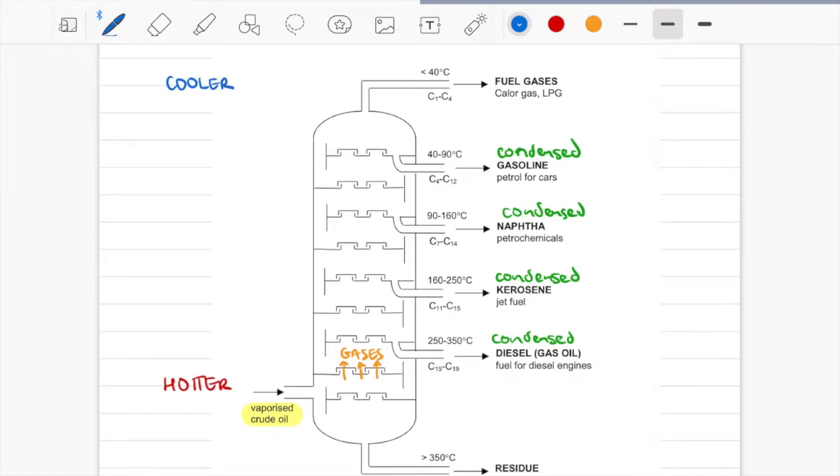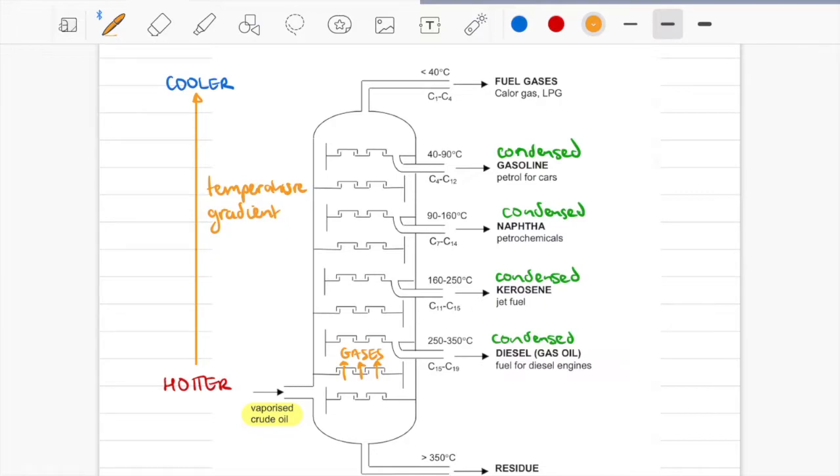So it's hottest at the bottom, cooler at the top, and in between we have a temperature gradient. As the gases rise, the temperature is decreasing, and once they reach their condensation temperature or condensation point, they condense, and so they're extracted off because of their different physical properties, because of their different boiling and condensation points.